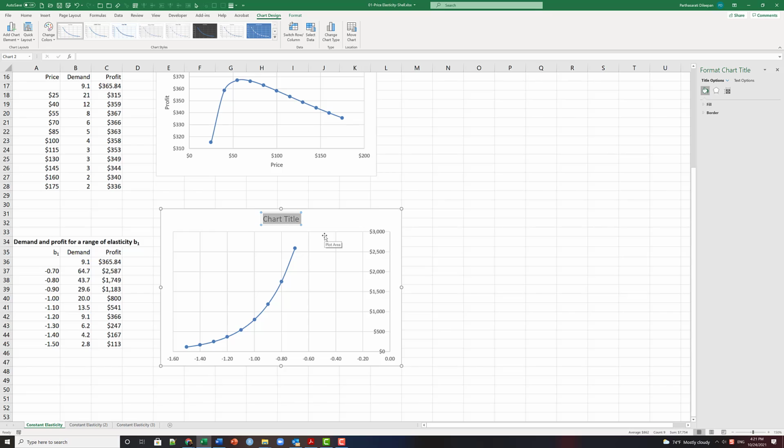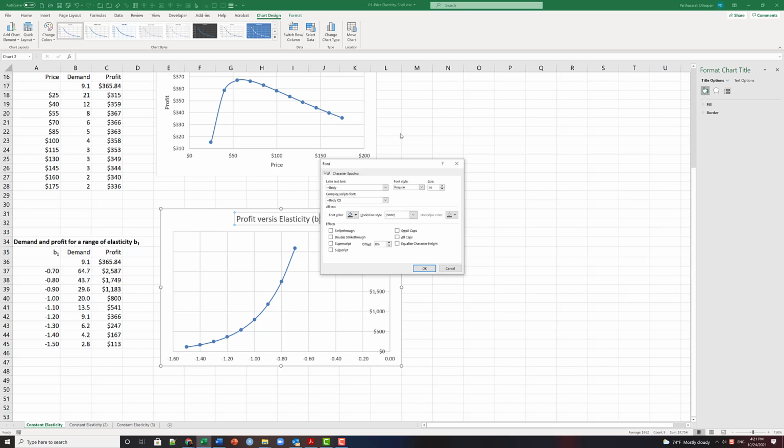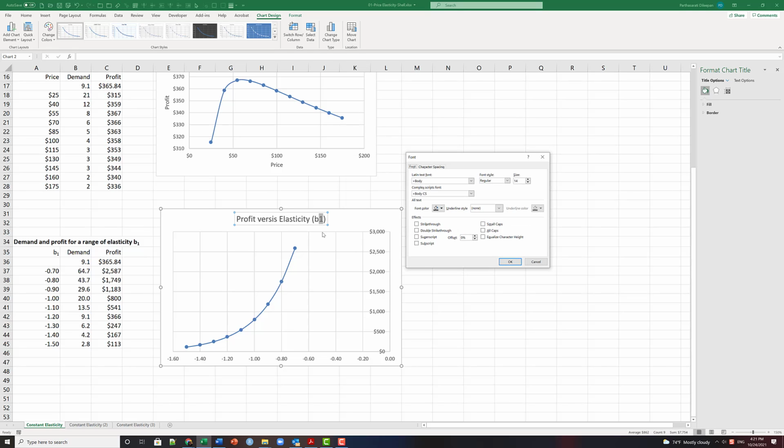So we change the chart title to profit versus elasticity, and B1. So B sub 1, if you want to subscript that, highlight and then do control 1, the number 1, and then select subscript.